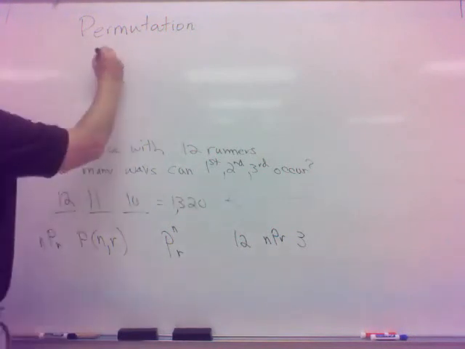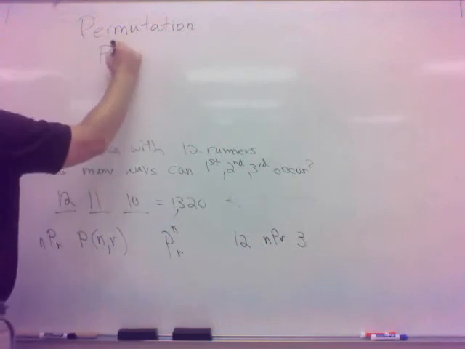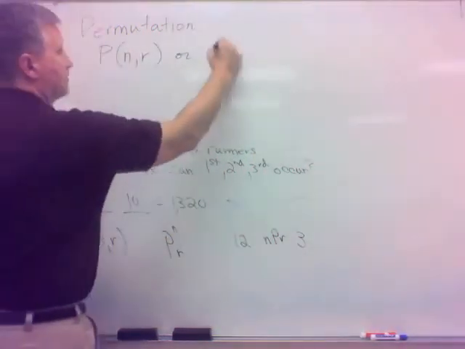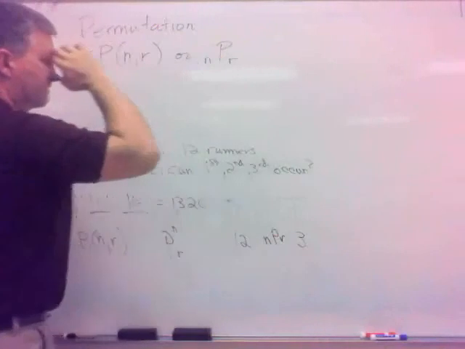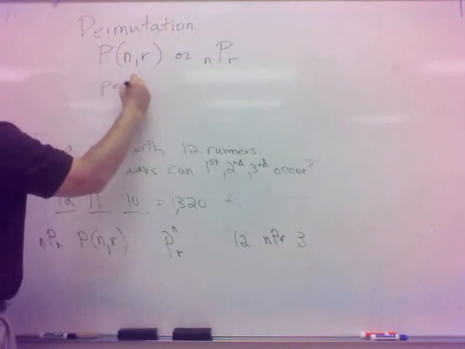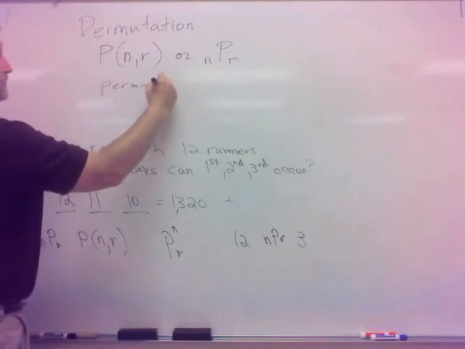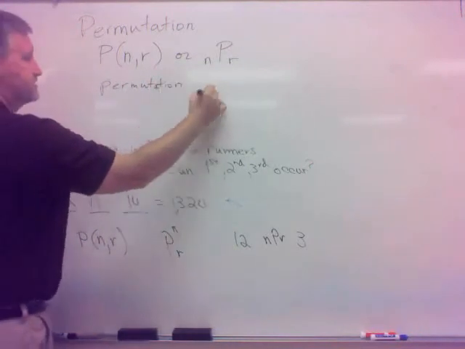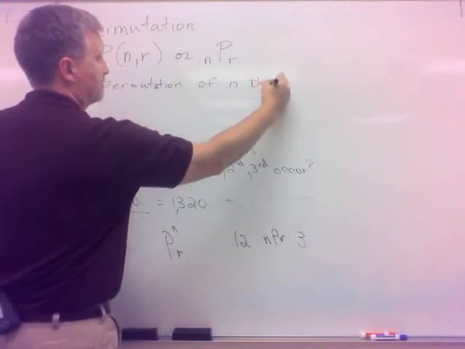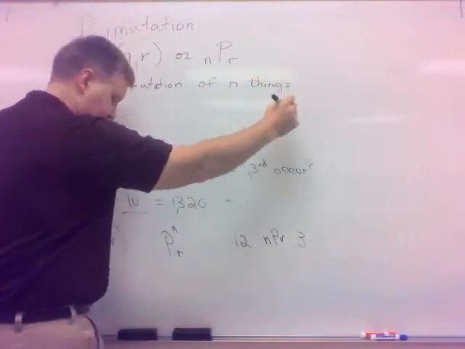Okay? So P, n, r, or nPr, as most calculators show it these days, but what that means is a permutation of n things taken r at a time.